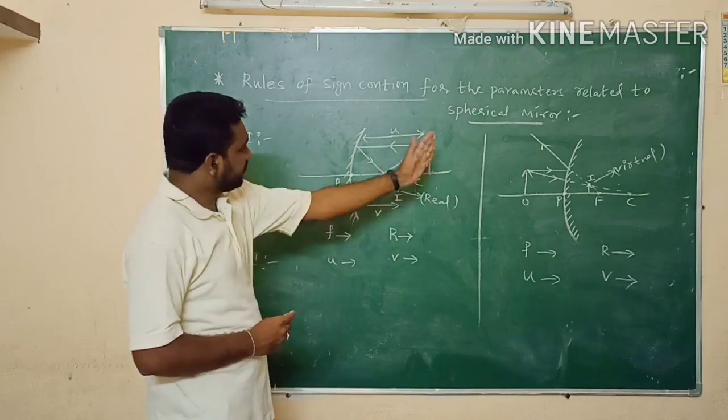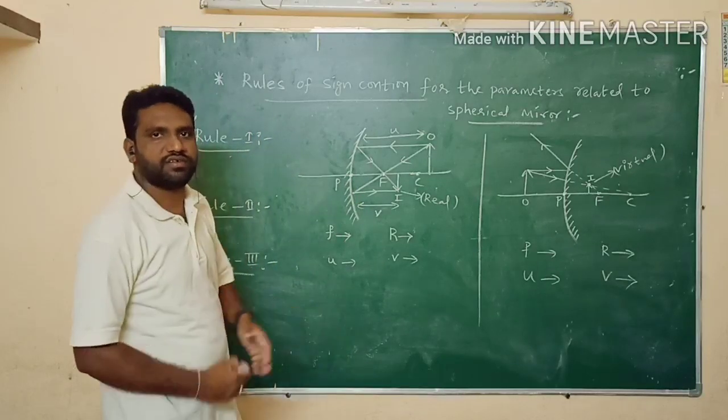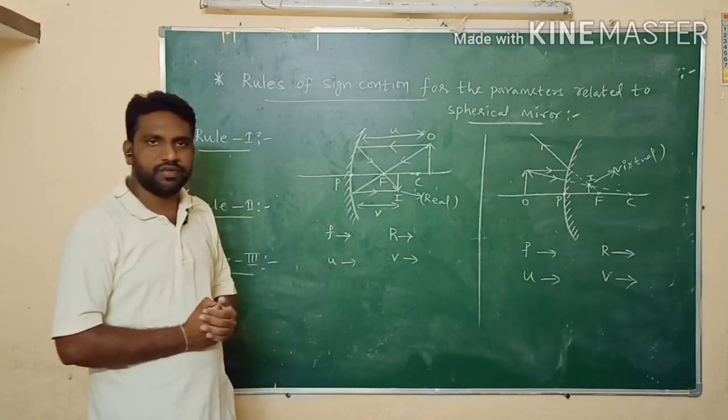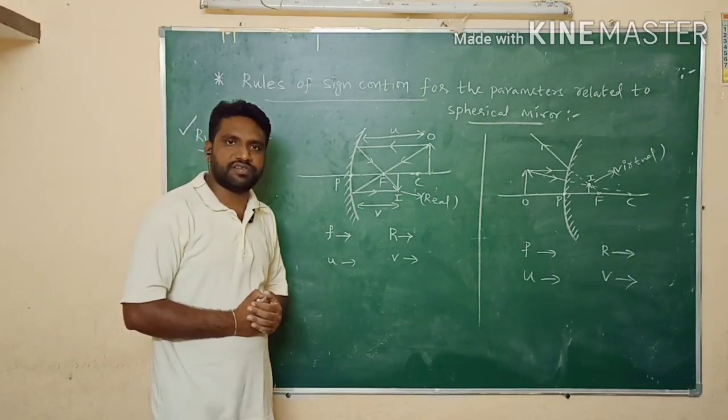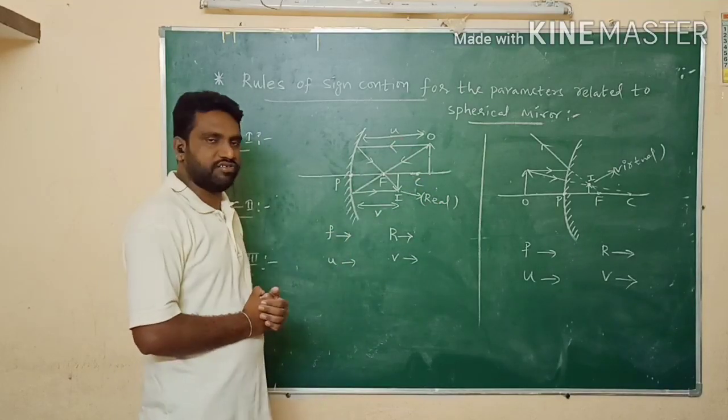But if you measure opposite to the direction of the incident ray, it becomes negative. Once again I am repeating rule 2. If we measure any optical distance along the direction of the incident ray, it becomes positive. Opposite to the direction of the incident ray, it becomes negative.